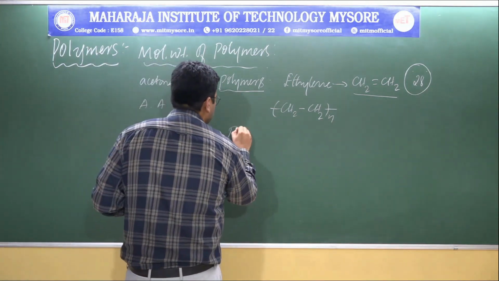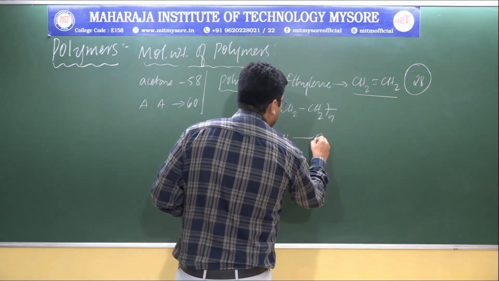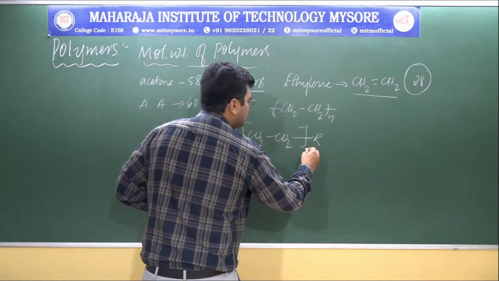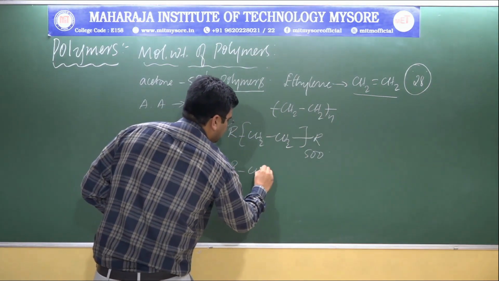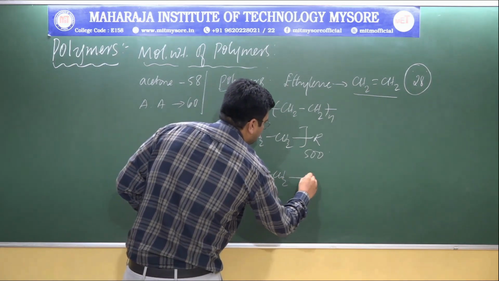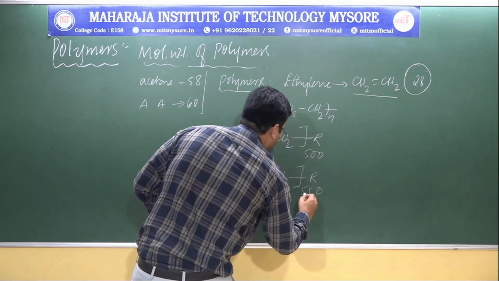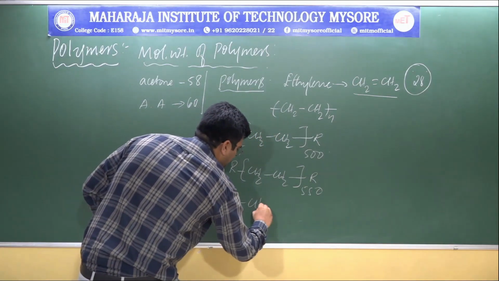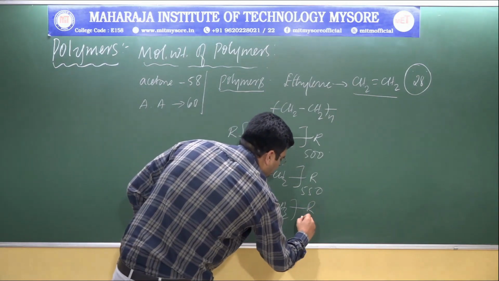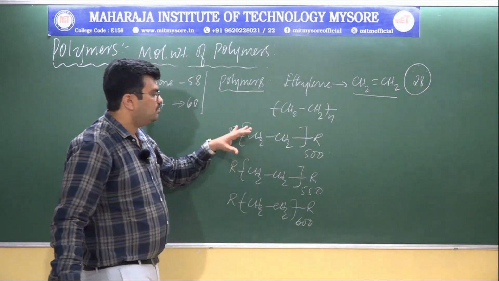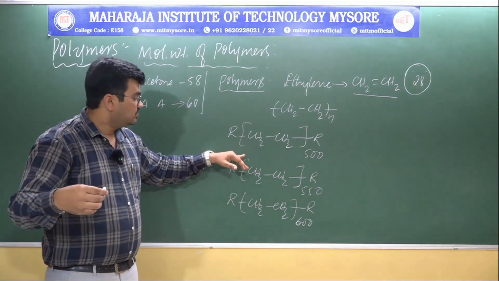So if you take this RCH2 R, where the degree of polymerization is 500, likewise you can take CH2 R, and this is 550, and RCH2 R, this is 600.